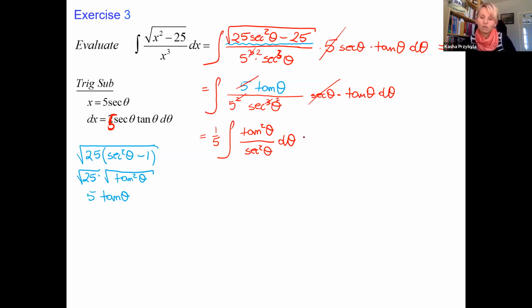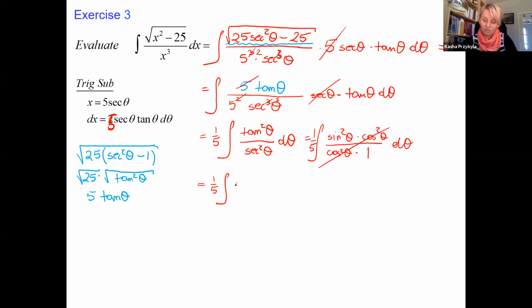Yes, because we can definitely rewrite tangent squared as sine squared theta over cosine squared theta, and secant is 1 over cosine. I will write the flip. Yes, we can cancel out.